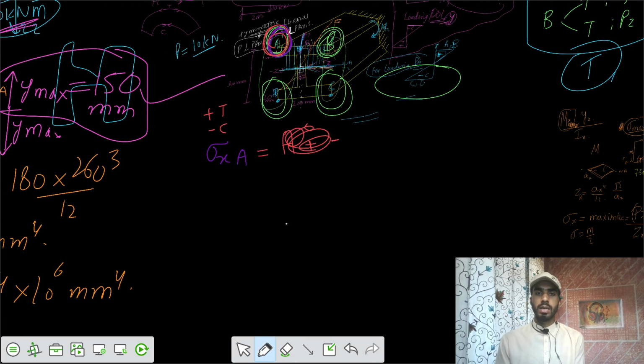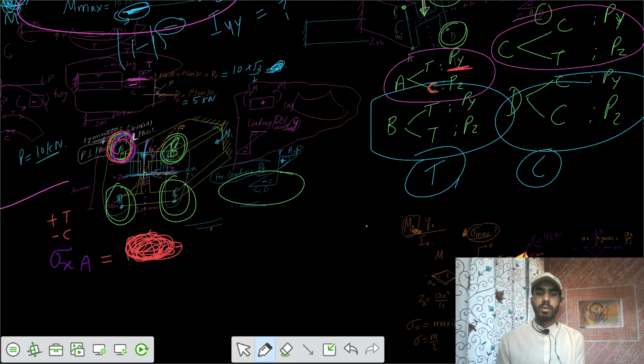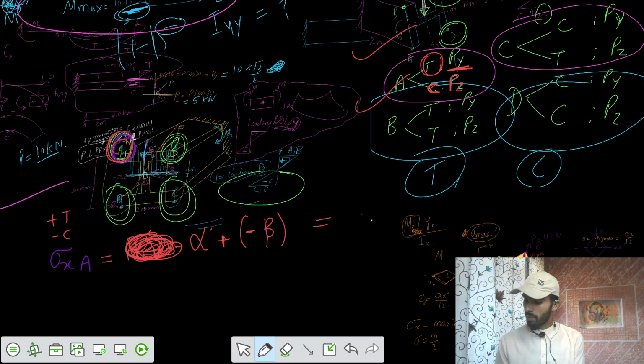So we can say the stress in the direction of x at corner A equals, from the conclusions we had earlier, because of loading y you have tensile stress, so alpha, plus you have minus beta, because of loading z you have negative compressive stress. Alpha minus beta gives a value of minus 23.32 megapascal.